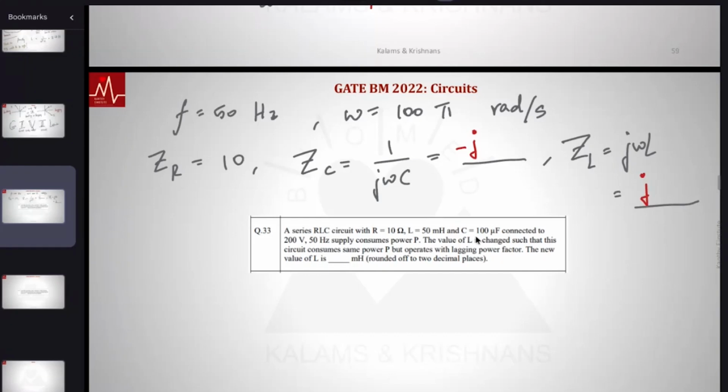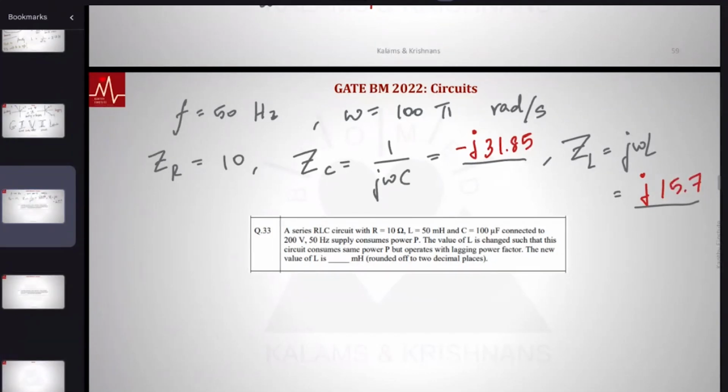Capacitance is given as 100 microfarad, so how much is 1 over omega C? I have 100 into 3.14, that is pi, into 100 into 10 to the power minus 6, and 1 divided by that gives 31.85. ZL is 100 into 3.14 into L, which is 50 milli, giving 15.7.